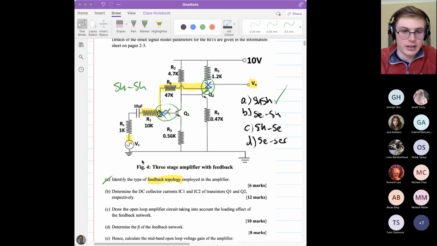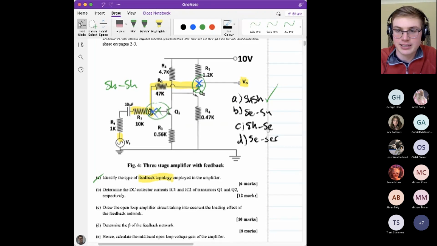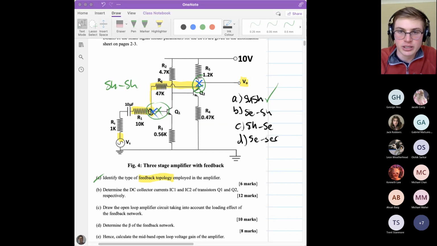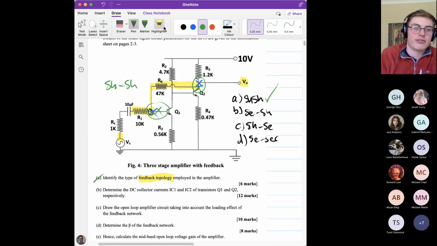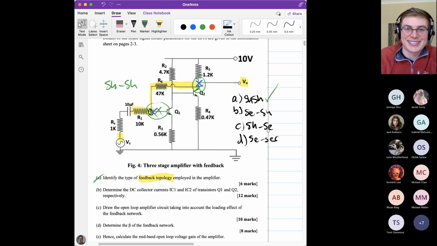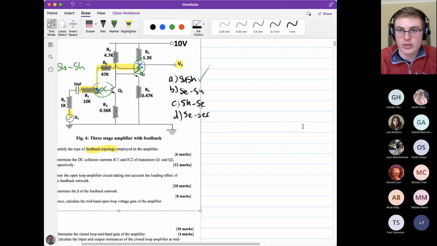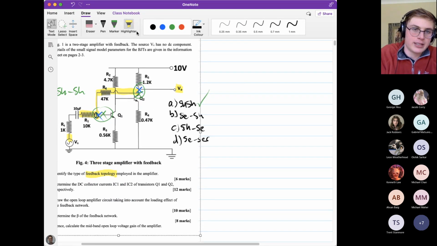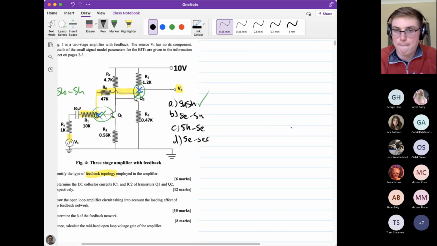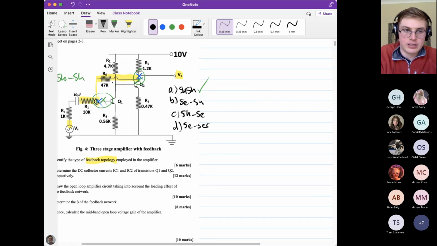Cool. Okay, so DC collector currents. We're going to do a little DC analysis. This is always a bit fun. Let's see how we go. So first and foremost, this is a big cap at DC. It's going to go to an open circuit. So let's open up this cap, see what we get.